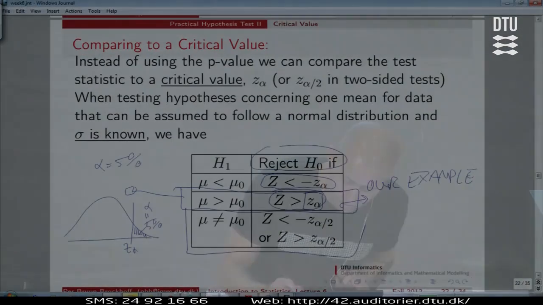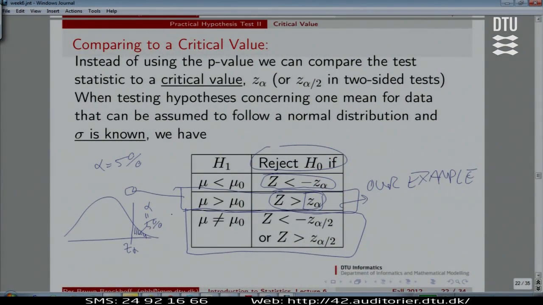In the two-tailed situation, I would reject if my observed thing is either too large, that is too far to the right, or too small, that is too far to the left. And then we don't have all the 5% in the relevant side, we have 2.5% in each side. So if we go beyond the 2.5% point, either to the right or to the left, we would reject.